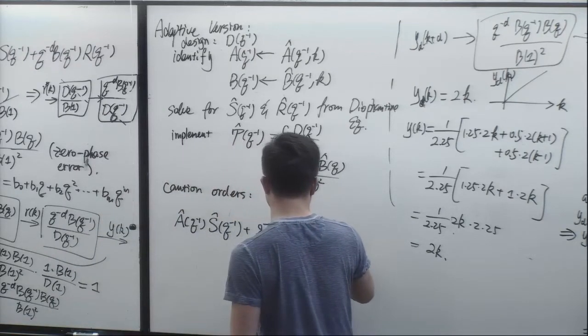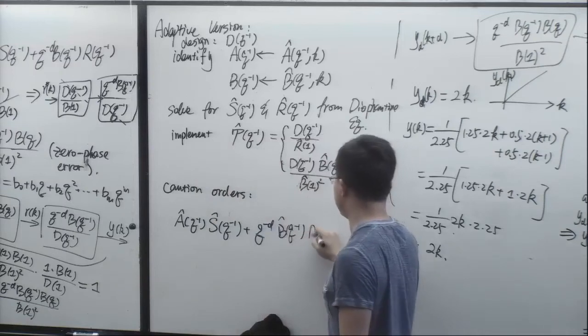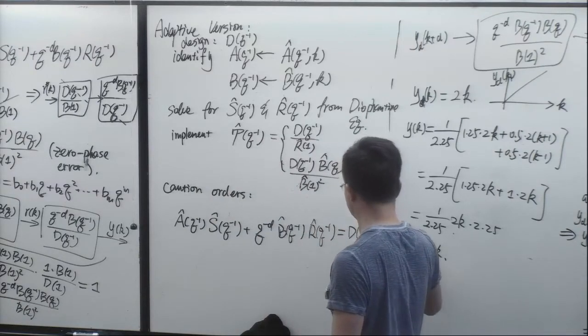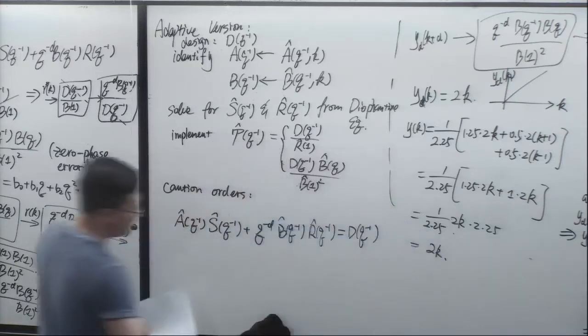In this adaptive version of the Diophantine equation, the orders should be as follows.